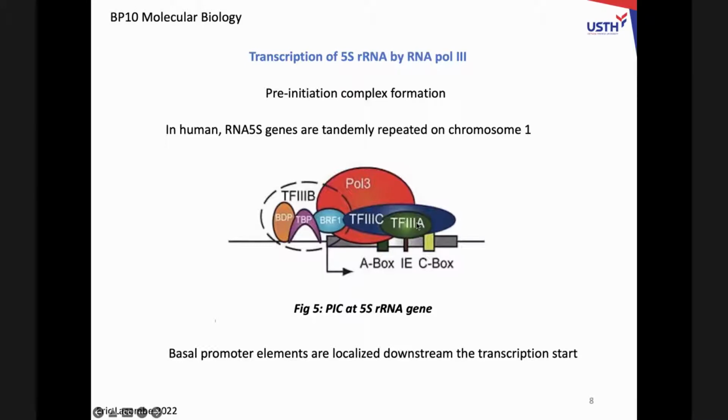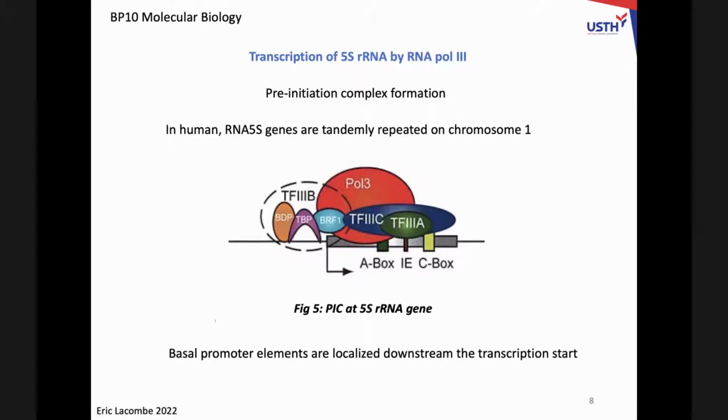Let's take an example. TF3C and TF3A have the capacity to recognize specific sequences in the promoter, even if it's downstream. So you have a piece of DNA with two proteins bound to this DNA. From that, Pol3 has a very strong affinity for TF3C and TF3A.